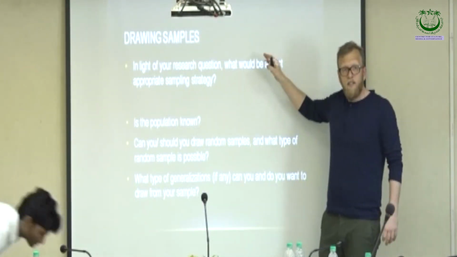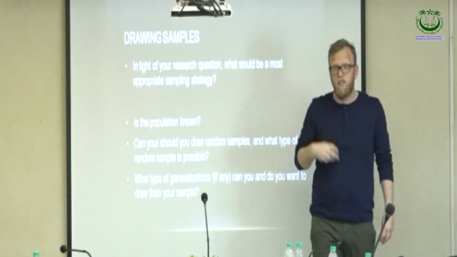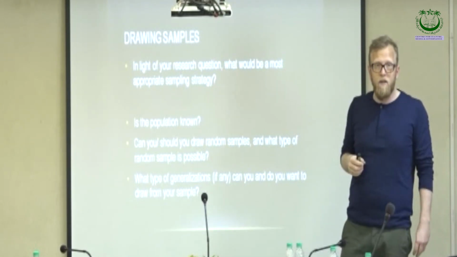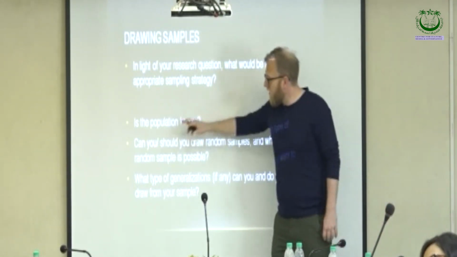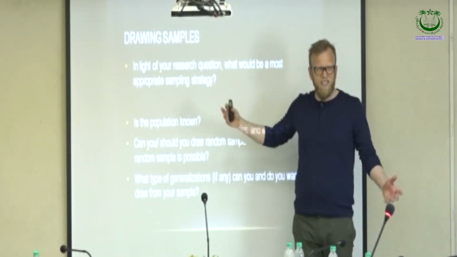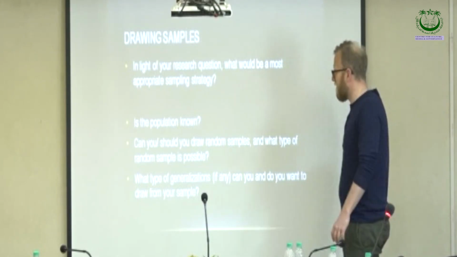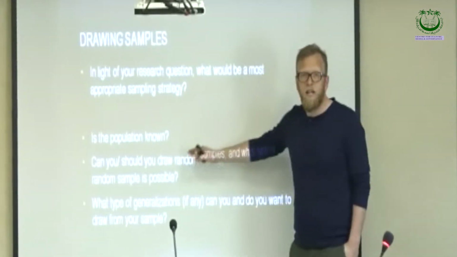Motivate that choice. Discuss why you would do the one thing and not the other thing, whether there are advantages or disadvantages to certain sampling strategies that we talked about. Consider if the population is known, for instance. That's a very simple consideration, but something you can and should maybe take into account. Do you need a random sample at all?